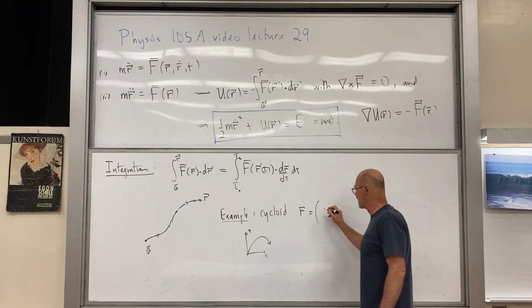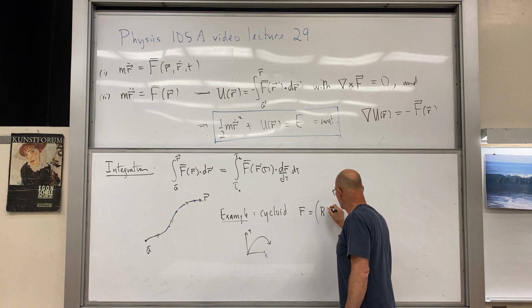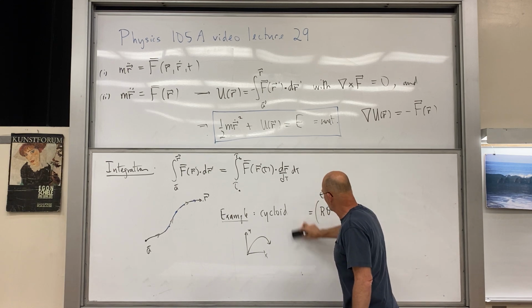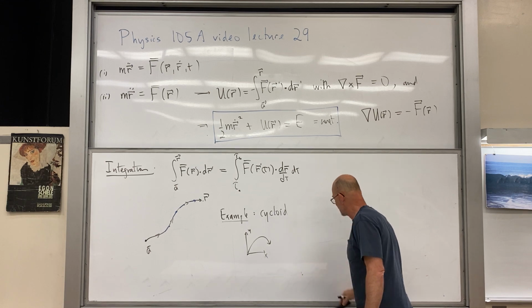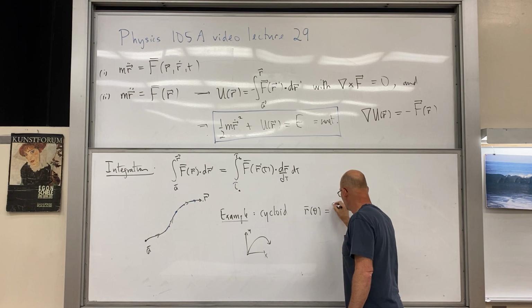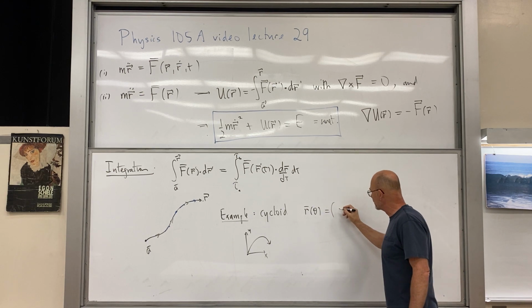So what did we have? We had R of theta, and it's a two-component vector.